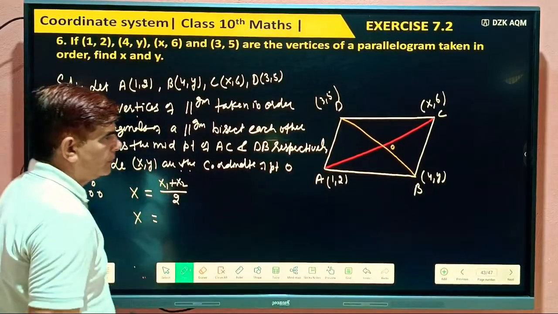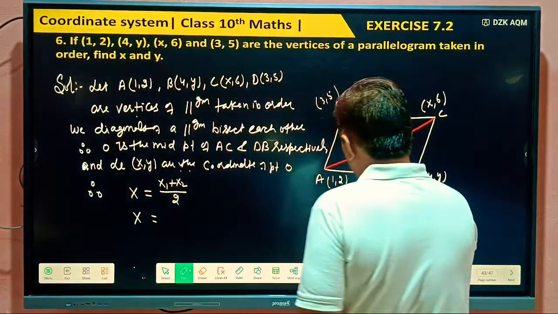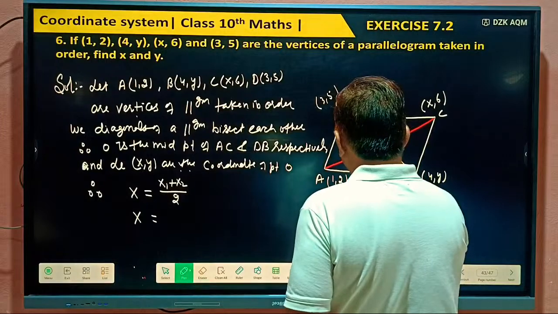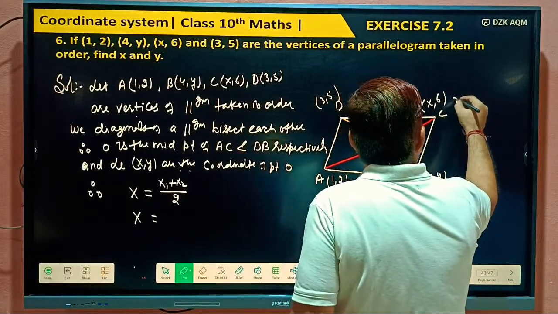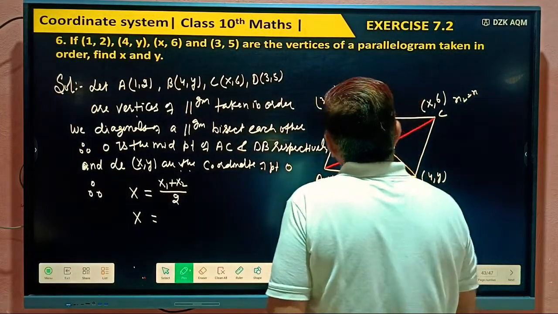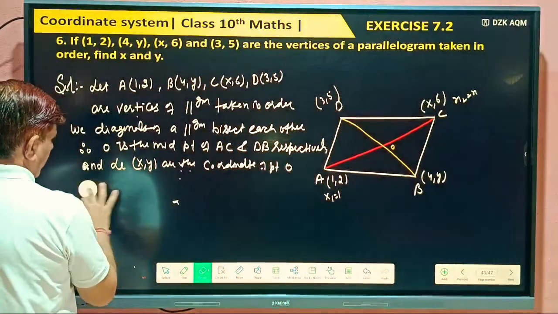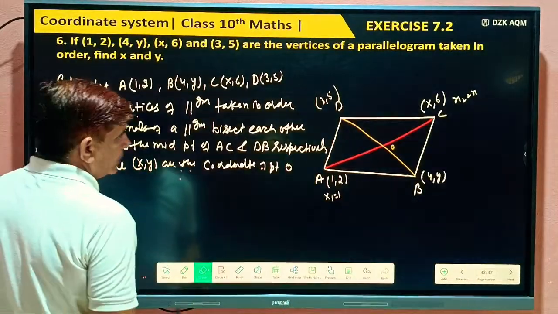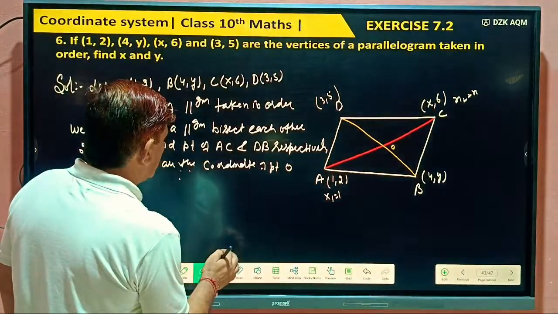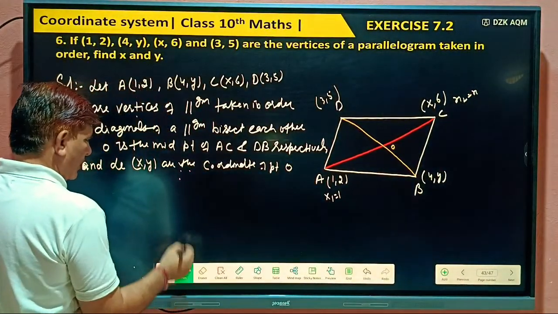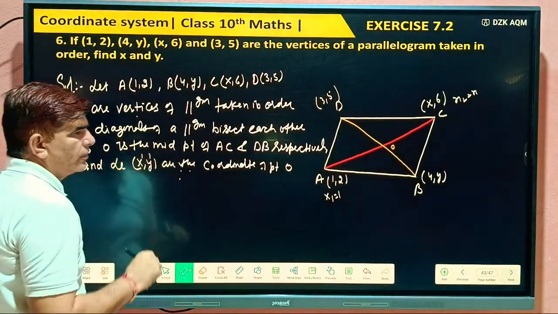What is x1? This is x1, and x2 equal to x. Here we can take another one: let the coordinates of point O be x dash, y dash.